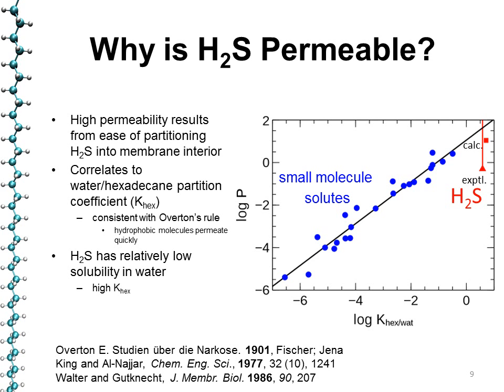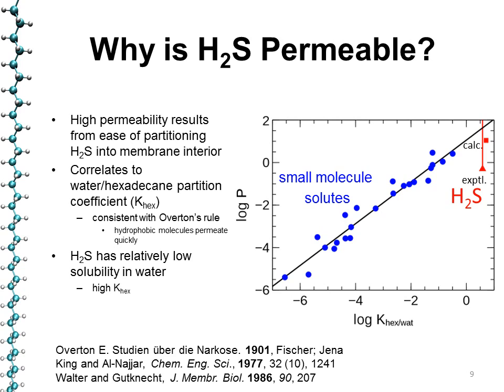This result can be understood by going back to a very old theory in membrane permeation, which was Overton's rule, who noted that more hydrophilic solutes tended to permeate relatively slowly, whereas more hydrophobic solutes tended to have faster rates of permeation. This can be quantified by correlating the water-hexadecane partition coefficient with the rate of permeation. In a study by Walter in 1986, she showed that there was an excellent agreement between these two parameters.